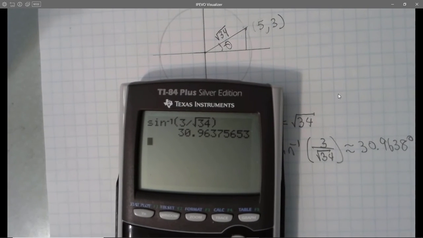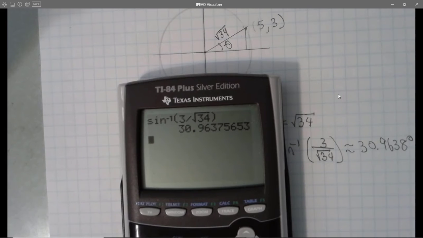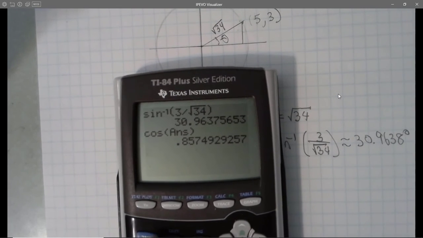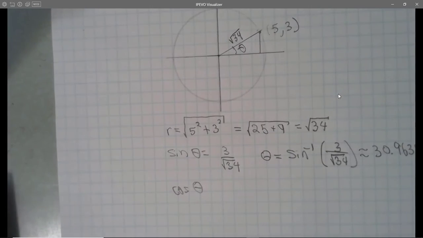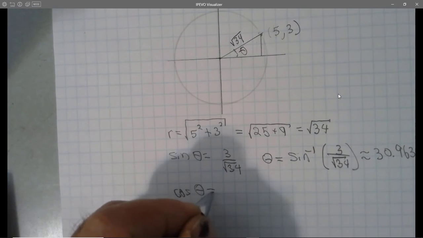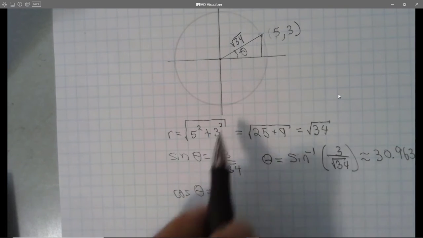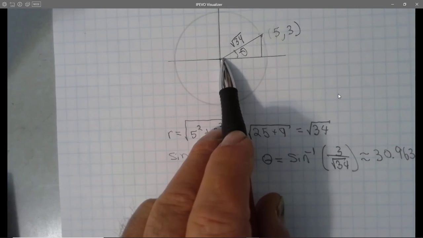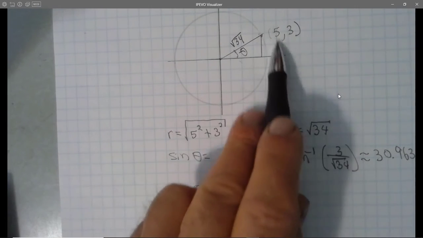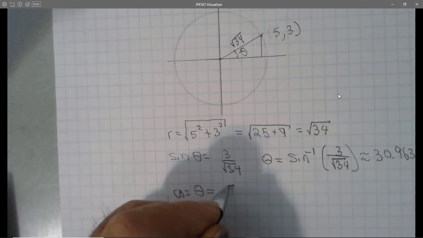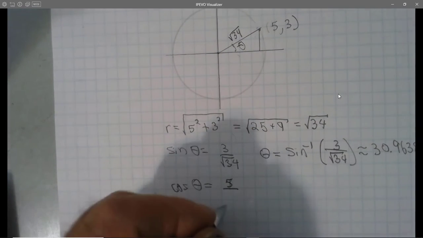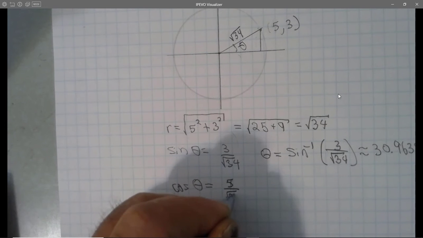However, I think a little bit better way is to work from the picture and say, well, the cosine is the adjacent side, 5, over the hypotenuse, root 34.